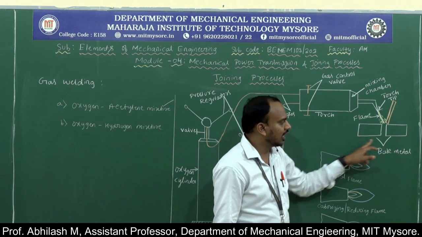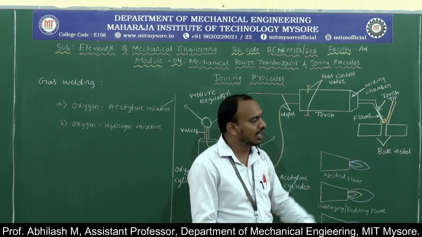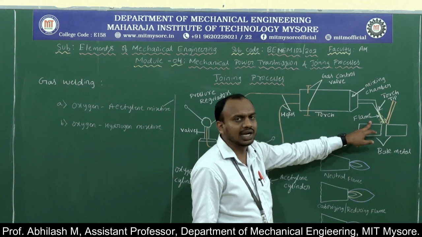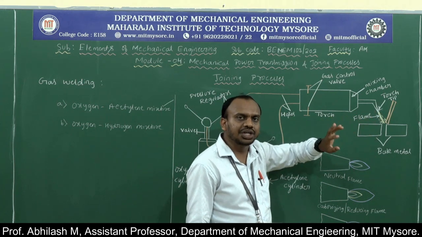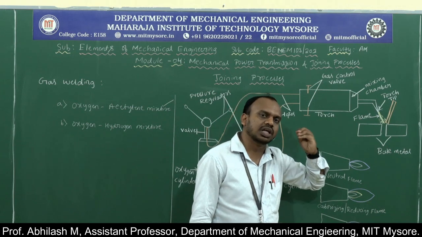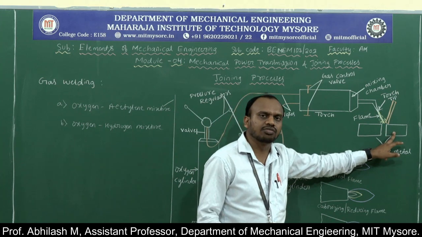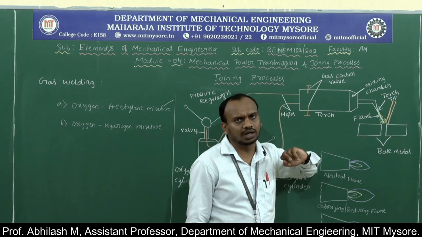The base materials that need to be joined are cleaned and positioned on a table, and the flame obtained is hot enough, at about 3200 degrees Celsius, to melt the surface of the workpieces that need to be joined.